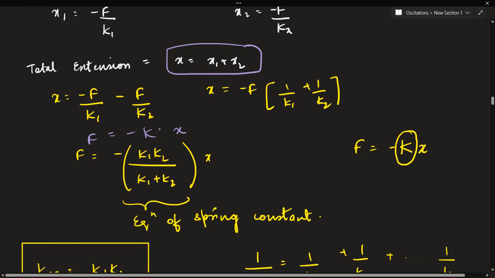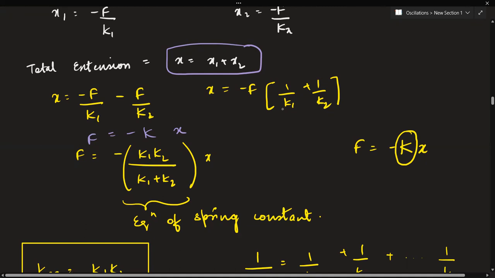In every system that we'll be discussing, that won't take time. So for springs connected in series, which was initially K, it now becomes K1 K2 by K1 plus K2. Had there been 3 springs, then it would have been 1 by K1 plus 1 by K2 plus 1 by K3. Had there been 4 springs, then 1 by K1 plus 1 by K2 plus 1 by K3 plus 1 by K4. And so on, this will go.